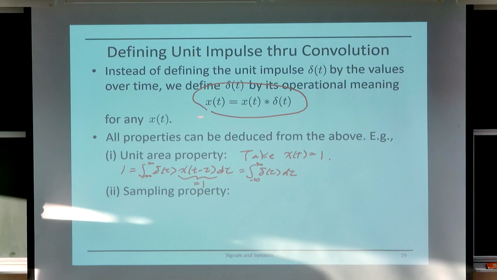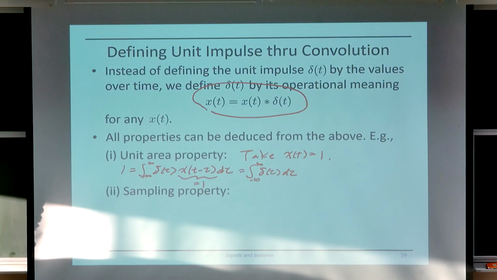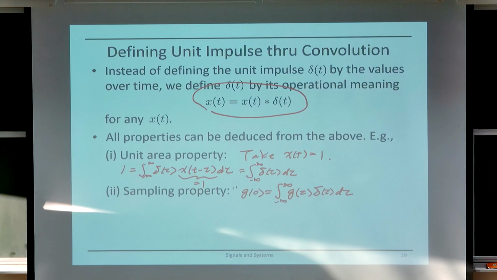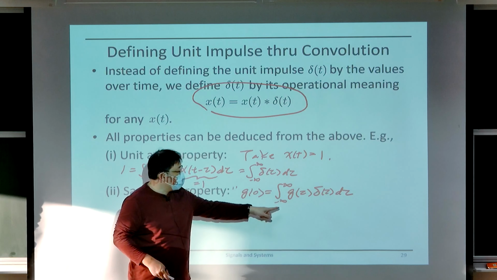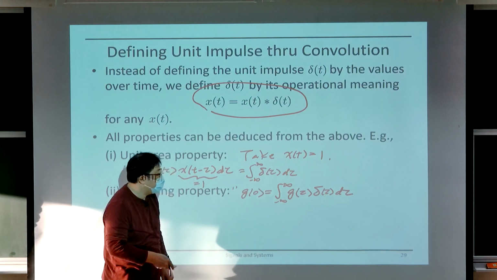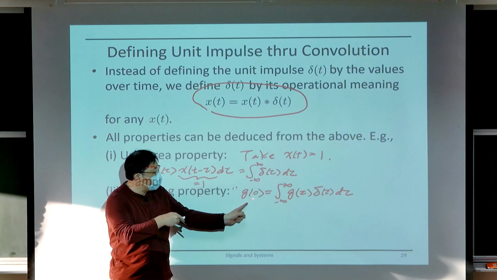Now, we can also use this definition to show the sampling property, which tells us that if you take the integral of any signal g and delta, suppose that g is any signal, if you take the integral of g times delta, a unit impulse at time 0, then it will sample out the value of g at time 0.